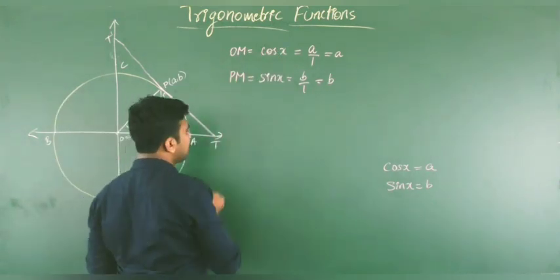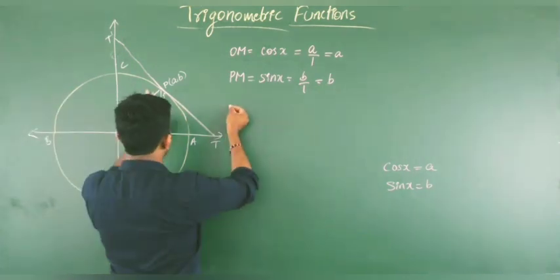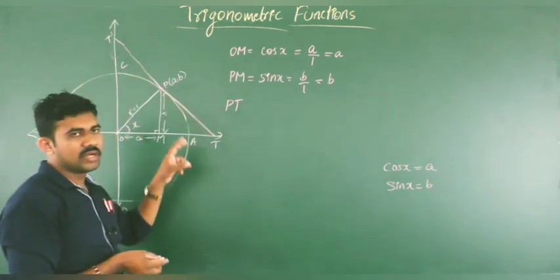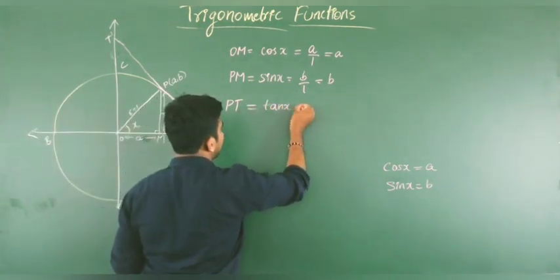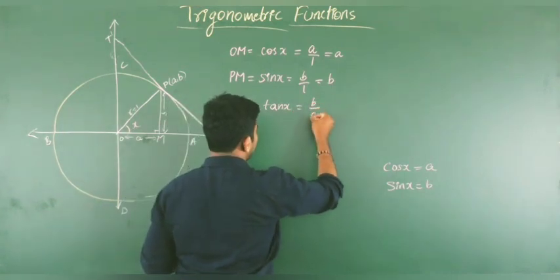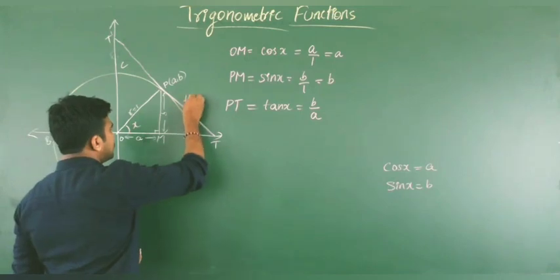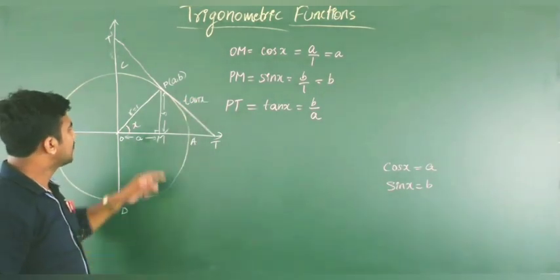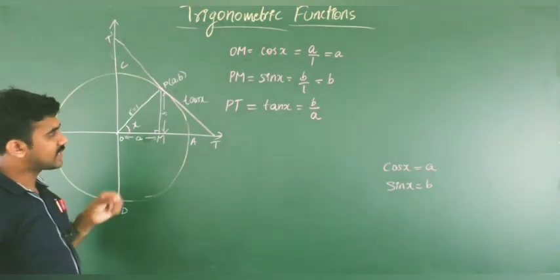Now we can define the other trigonometric ratios, that is tan x. Tan x is nothing but PT. PT is the tangent we know, and this is tan x, which can be written as B by A. So PT is tangent of the angle x. Similarly, I produce the tangent to the y-axis.